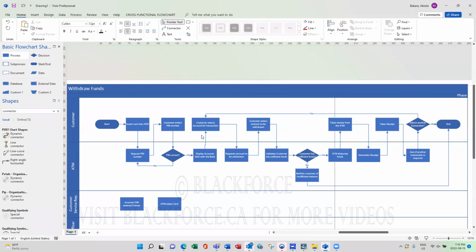Okay. So here we're saying the customer enters PIN number. PIN correct? No. So let's say incorrect PIN entered 5 times. And the actor here is the customer.